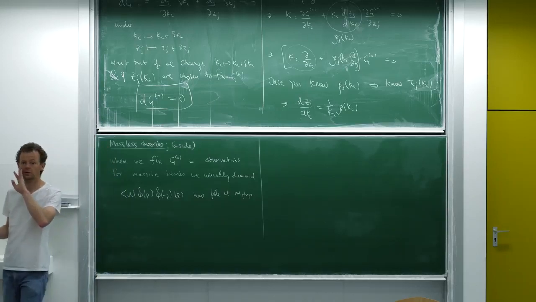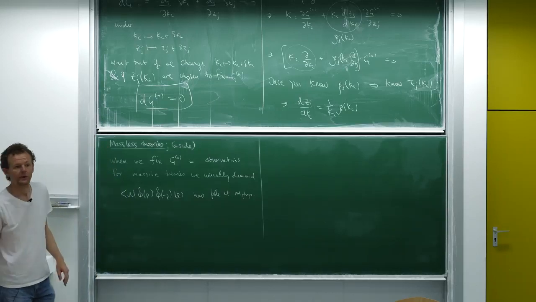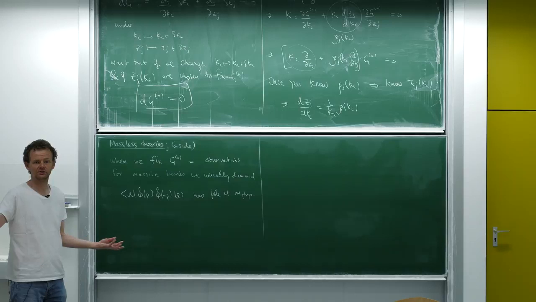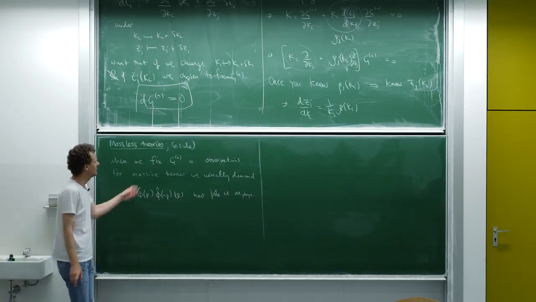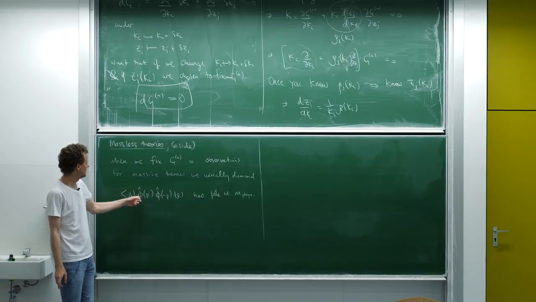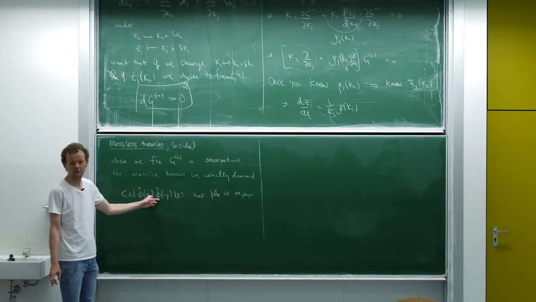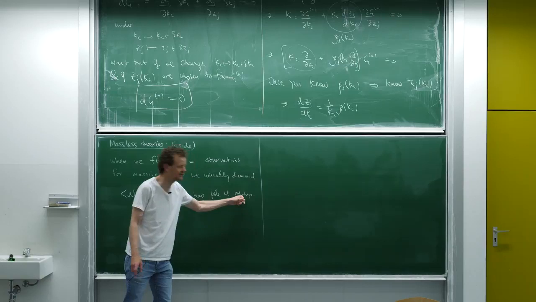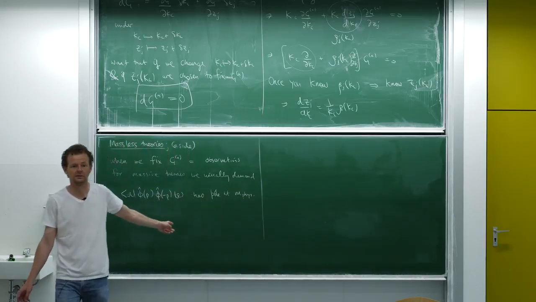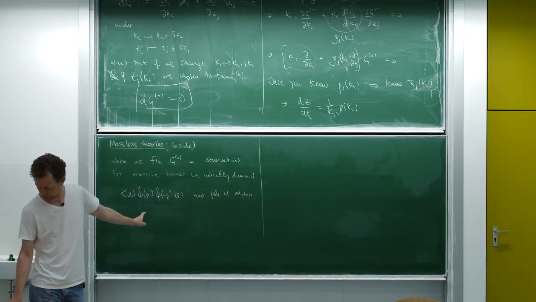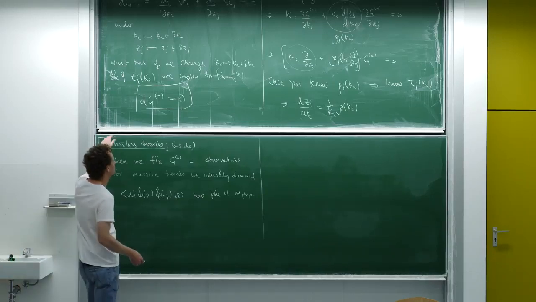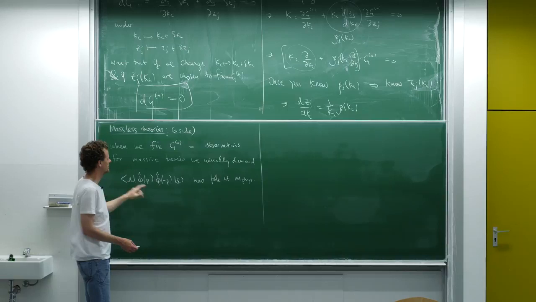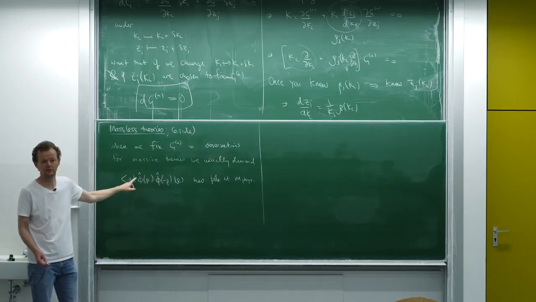Okay, the usual way we impose that the predictions of our theory match an experimentally observed quantity for massive theories is we usually demand that this two-point function here in momentum space has a pole at the physical mass of the particle of the theory. That's just the usual practice to fix our observations.